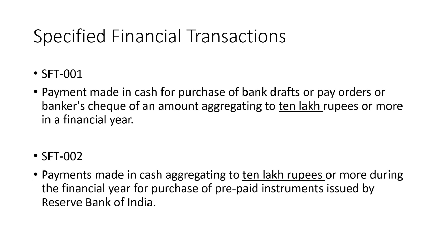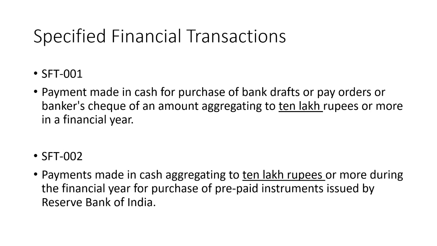I will go through them one by one. What are all the financial transactions that are required to be disclosed? These are the numbers contained in the statement. SFT 001, payment made in cash for purchase of bank drafts. Whenever a person takes a bank draft by remitting cash, this will be disclosed here.